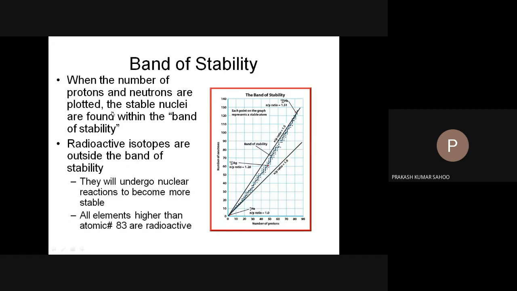the number of protons and neutrons are plotted, and the stable nuclei are found within the band of stability. That is the band of stability where the n by p ratio is 1.0. And radioisotopes are outside the band of stability.